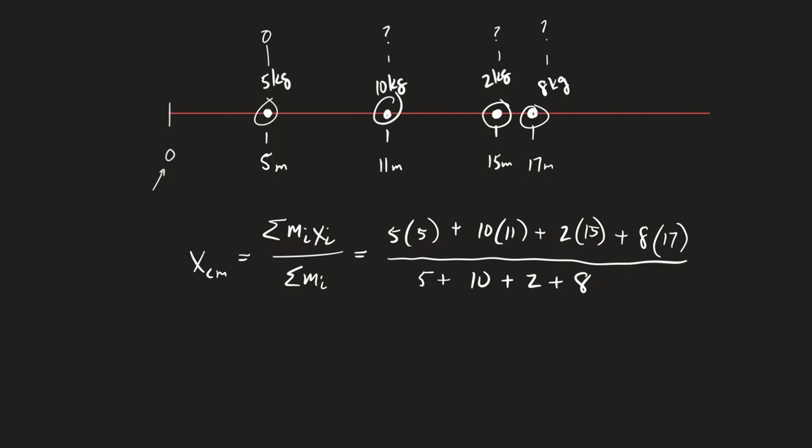Let me give you an example. One of the things we will have to do when we deal with orbits is determine the center of mass between the Earth and Moon. Now, what you'll be given is the mass of the Earth, the mass of the moon, and their separation distance.